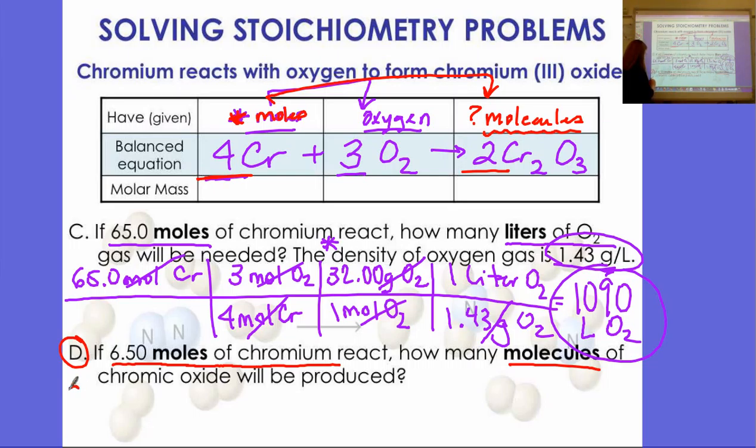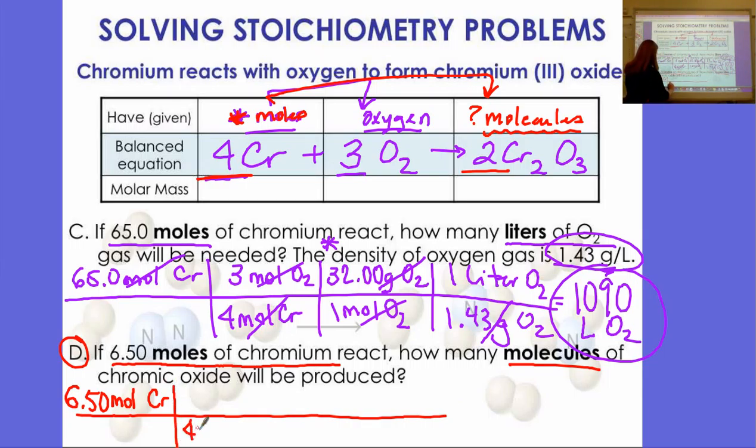So, starting where we always start, with what we're given, 6.50 moles of chromium, moles up top. Here comes my ratio. 4 moles of chromium is 2 moles of Cr2O3. Now I'm in moles. I wanted to get to molecules. Thinking of snowman, you're in moles. I did my mole ratio.